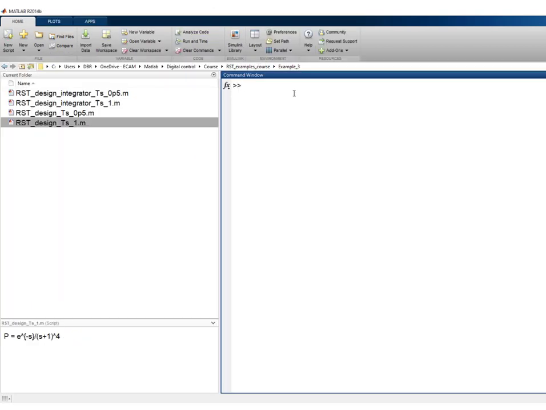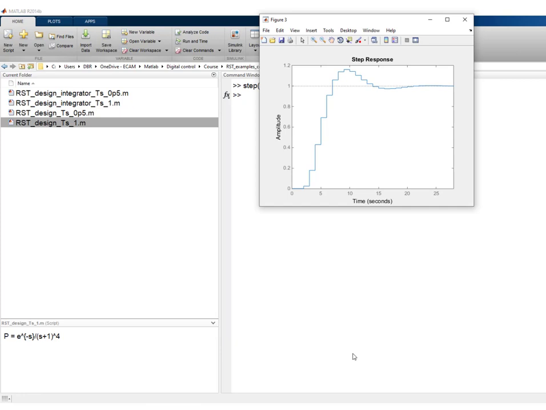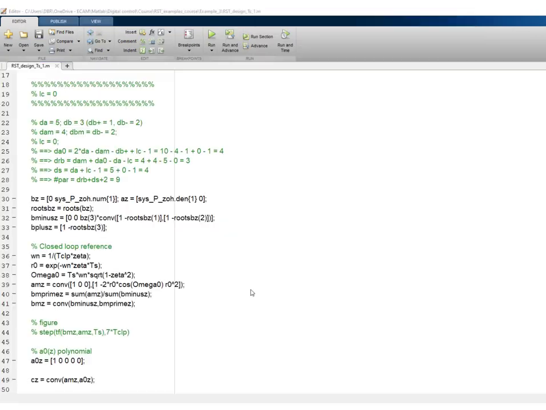So let us test this reference model, and this is what we obtain. You can see here that the specifications are met, 17% overshoot. We have a static gain of 1 and a settling time of 20 seconds. Again, check your reference model before you go any further.